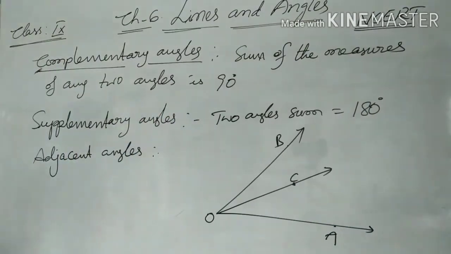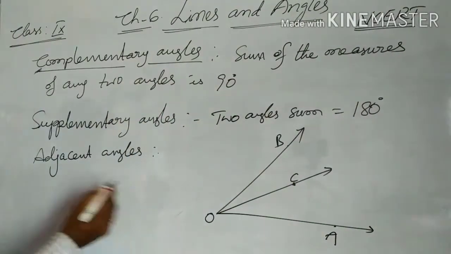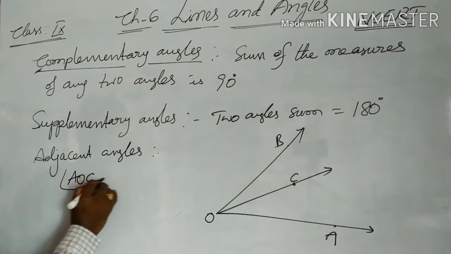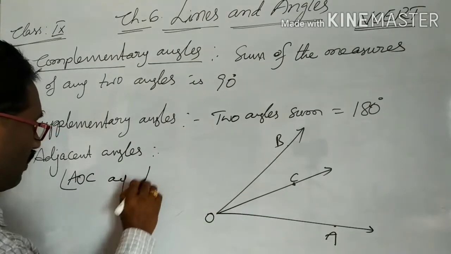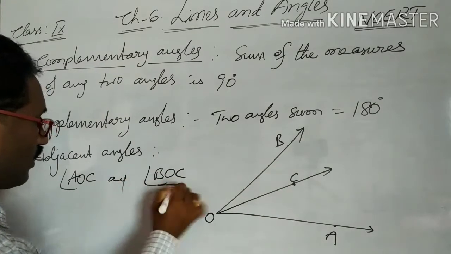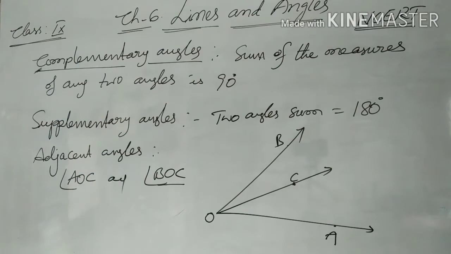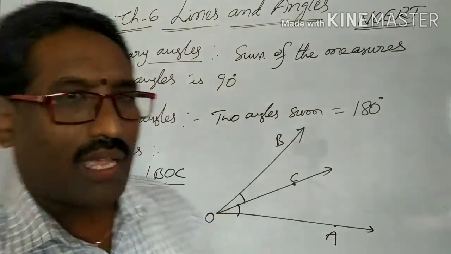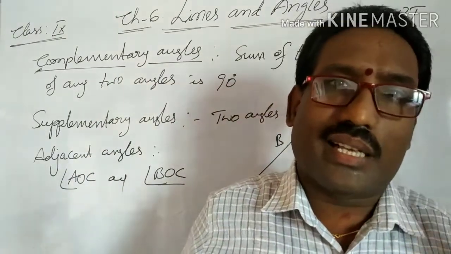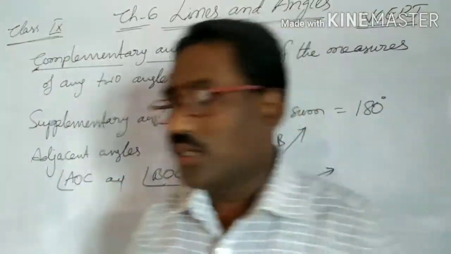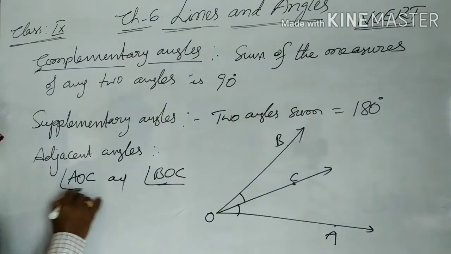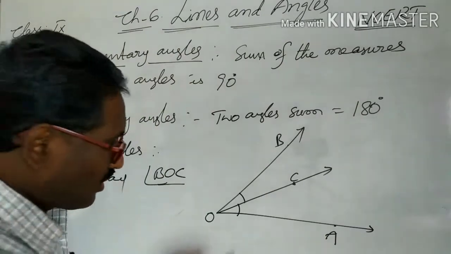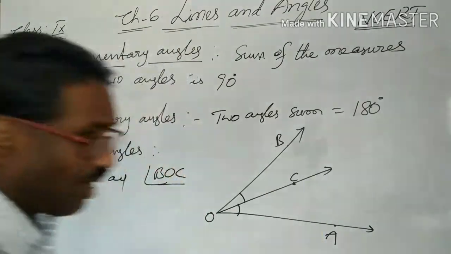How to see this? For example, you can take angle AOB, angle AOC, and angle BOC. Take the two angles AOC and BOC, and observe whether they are adjacent or not. First, for angle AOC, what are the rays?